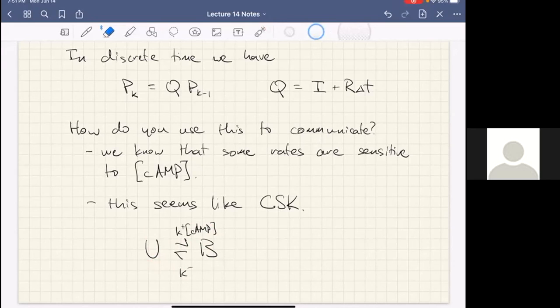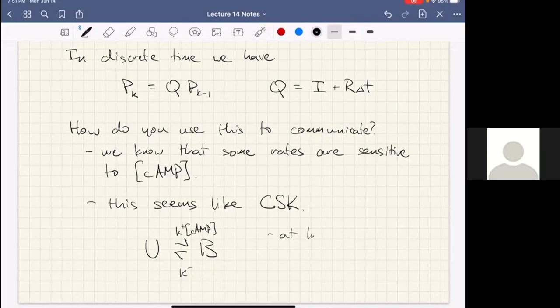On the other hand, if the concentration of cAMP is very high, then we don't spend a whole lot of time in state U. If we start in U, we go very quickly to B, come back at whatever rate, very quickly to B, come back at whatever rate, and so on. So what we can see is that we're using a CSK-like modulation scheme.